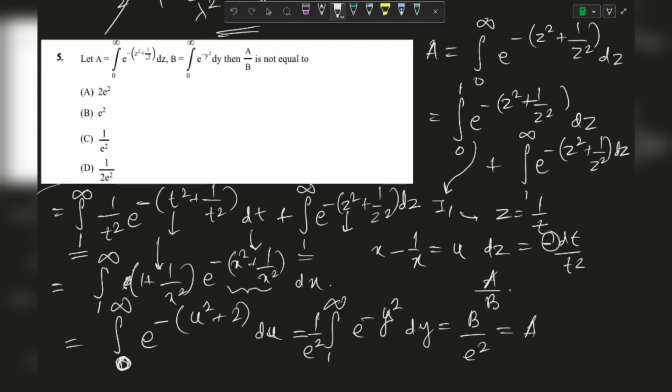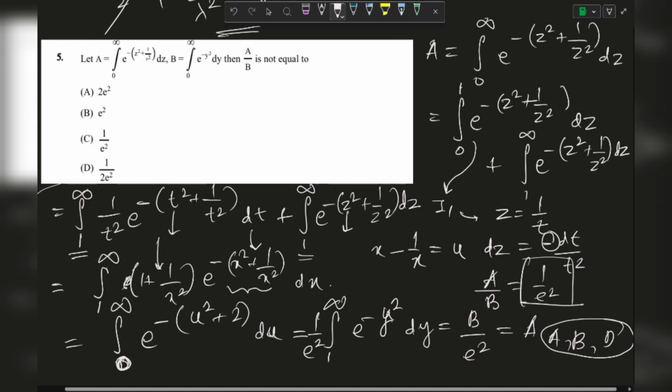So our a by b becomes 1 by e squared. Basically, they have asked a by b is not equal to, so it is equal to c. So our options are a, b, and d. Although I don't know why they have asked this in single correct, but anyways, our correct options are a, b, and d.